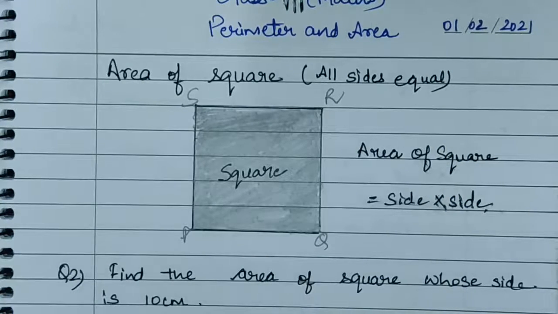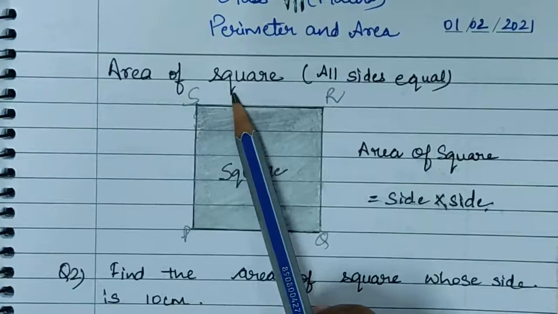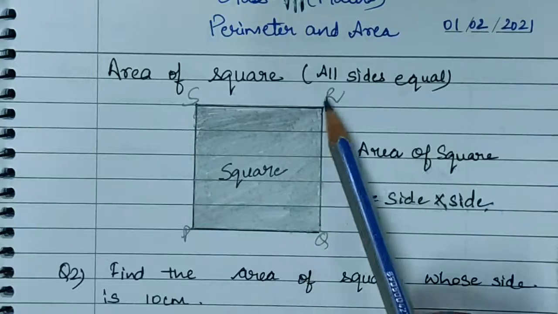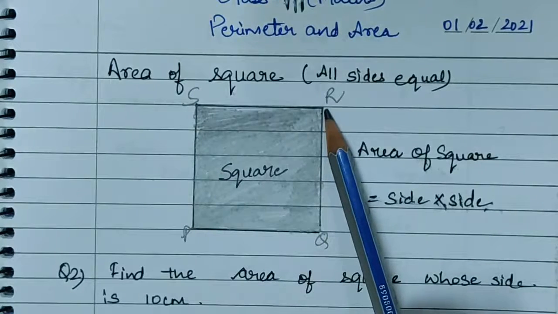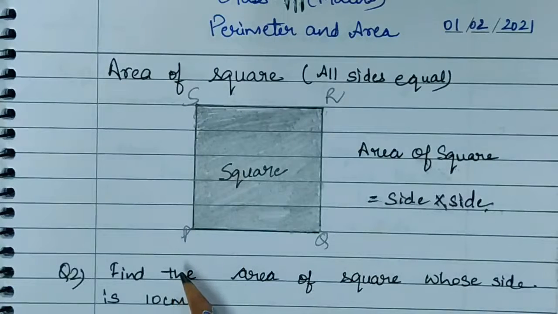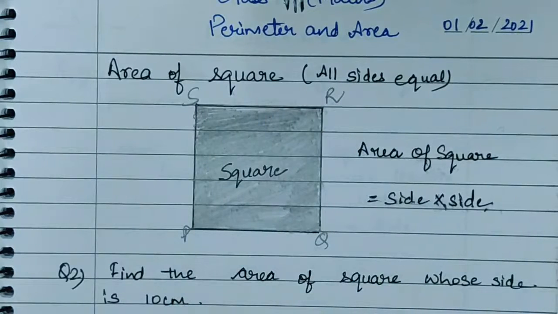Now, let us discuss the area of a square. A square is also a four-sided polygon whose all sides are equal. We have discussed the perimeter of a square in the previous lesson.